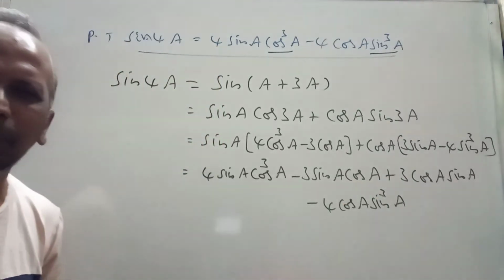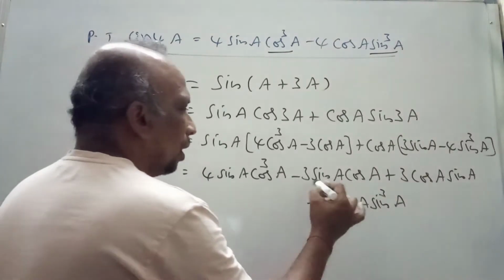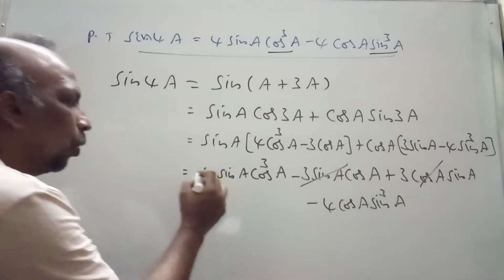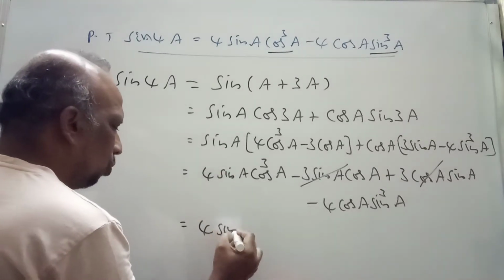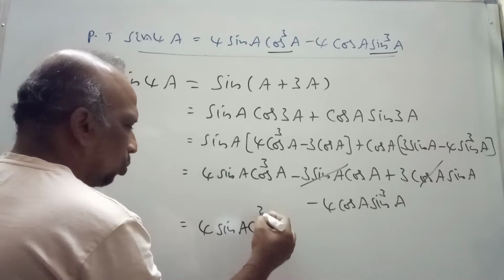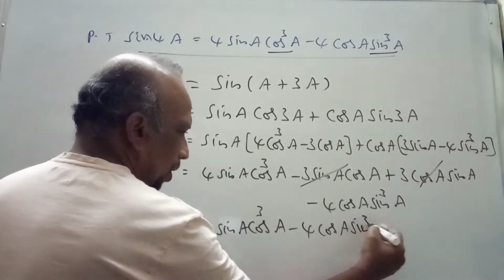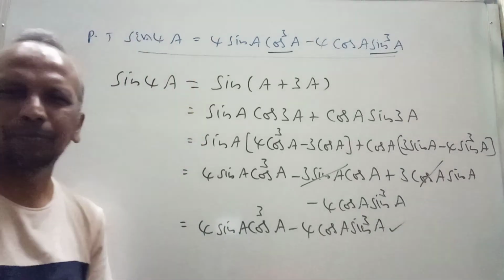With ordinary multiplication, you can see these two terms, minus and plus, are the same and can be eliminated. Now you get the required answer: 4 sin a cos cube a minus 4 cos a sin cube a.